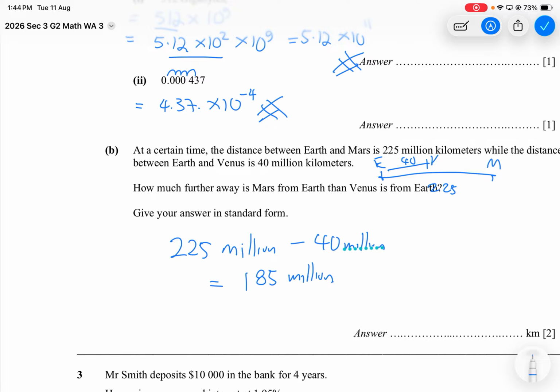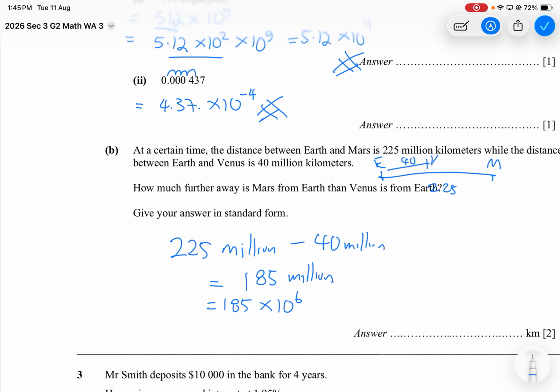Oh no, that one not 1 mark. Then you must be able to convert million to 10 power 6. Like that you get 1 mark. You must show that you know million is 10 power 6. But again, like just now, 185 million is not in standard form.